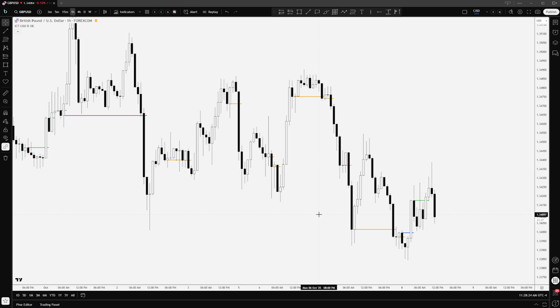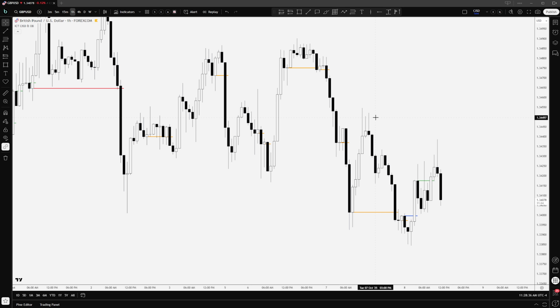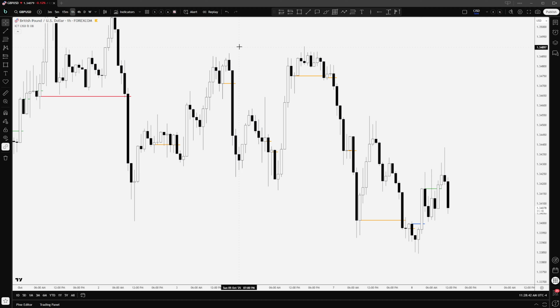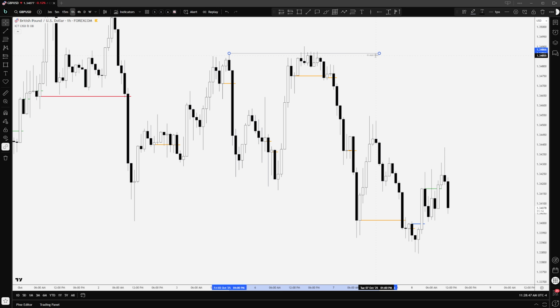But not only that, you can see that the change in state of delivery has actually happened here after we swept all these lows. But anyways, not only that, the capability of this indicator goes beyond this. So in this case, if you know that we got the bearish change in state of delivery and we're looking for a continuation going lower, we know that we got a sweep of these highs.